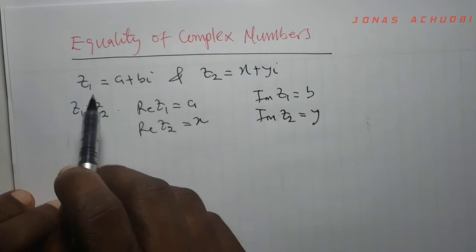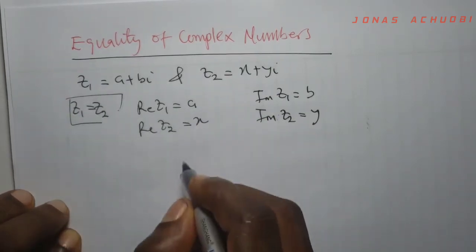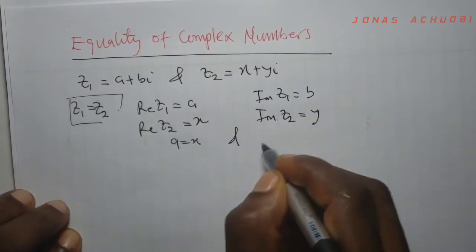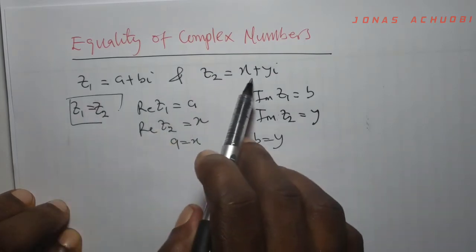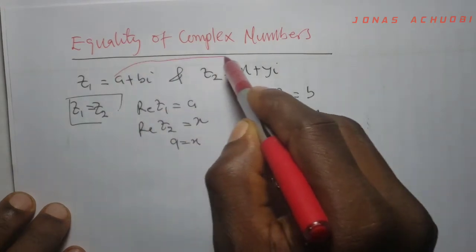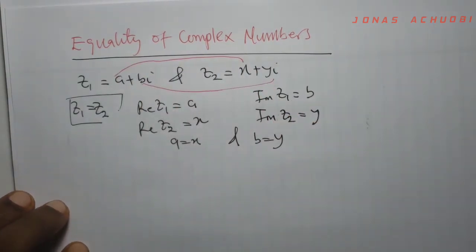Is y. So these two complex numbers, z1 and z2, will only be equal if and only if a is equal to x and b is equal to y. So the two complex numbers are equal if their real parts a and x are equal, and the imaginary parts b and y are equal.